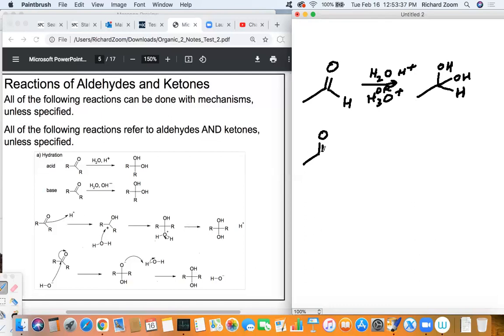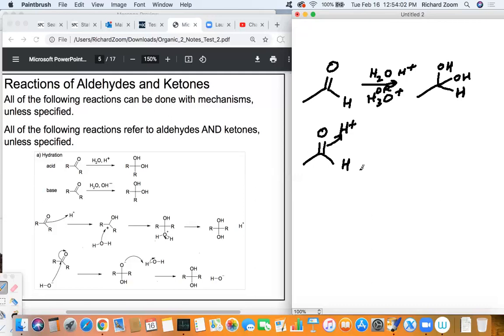If we've got H2O and H plus here, the H plus is going to be the more unstable of the two because it's the one that has a charge on it. So that's usually going to be the one that reacts first. So that's how we would show the first arrow.